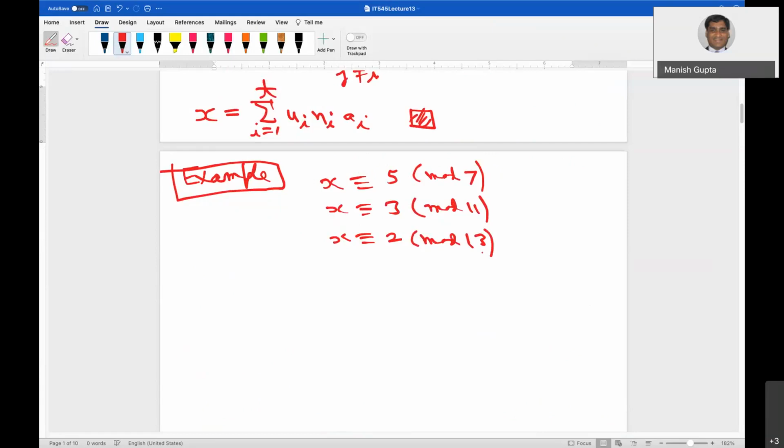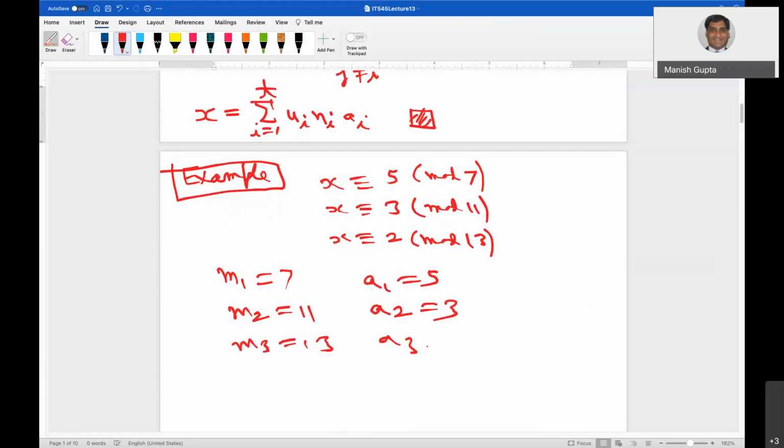I just want you to try first. For the hint, I can write down that m1 is 7, m2 is 11, and m3 is 13. a1 is 5, a2 is 3, and a3 is 2, right?